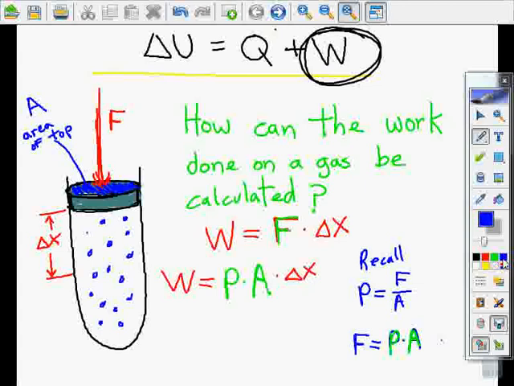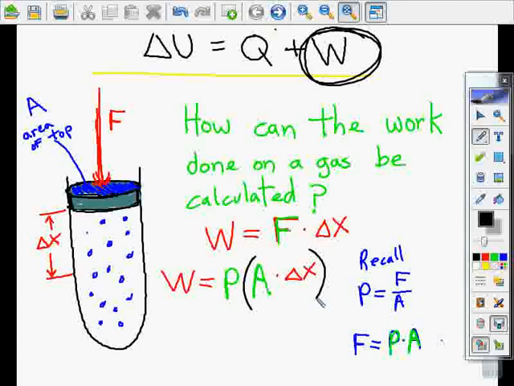If we just take a closer look, this area times the distance it's pushed down has a physical significance if you're looking at the gas there.